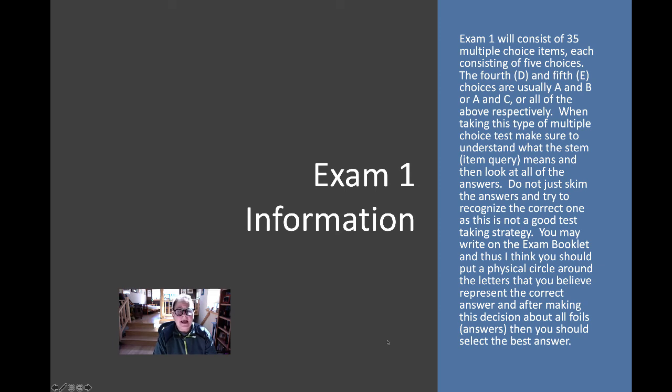If you think it's inaccurate or not meaningful, then put a line through the letter of that choice. Then look at all of the choices and make your decision based upon how many circles you have, rather than just looking for the right words or something that looks familiar to you. This requires recall, so make sure that you are prepared for the test, and it is an objective test with 35 multiple choice items.